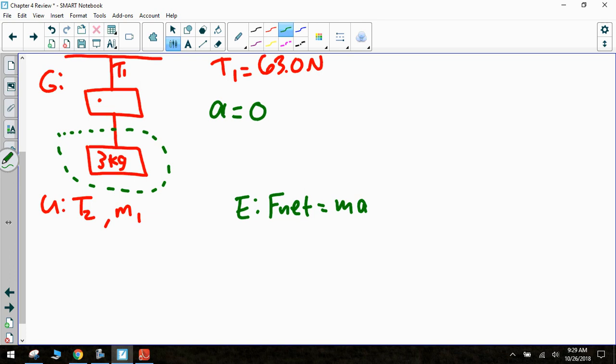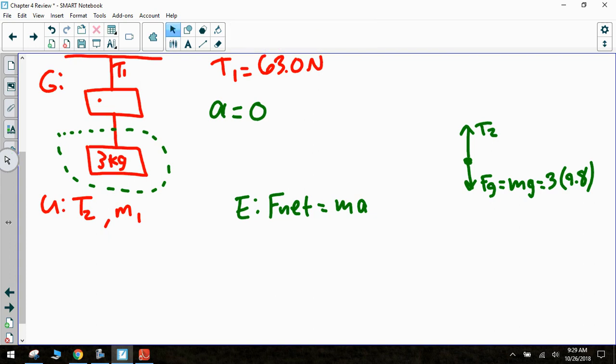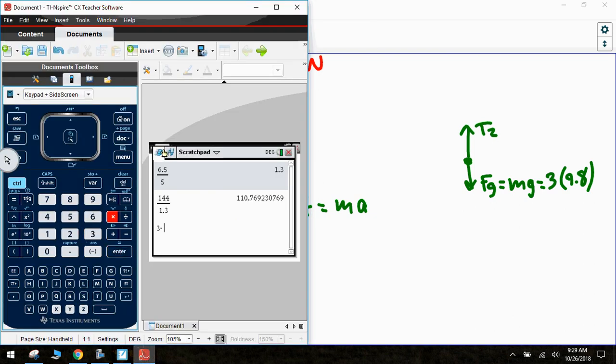Let me make a free body diagram for him. Going up, I've got T2. Down, I've got FG, which is equal to mg, which is equal to 3 times 9.8, which is 29.4.